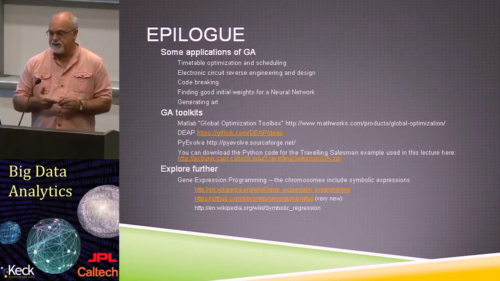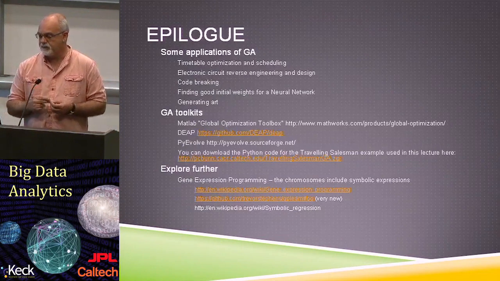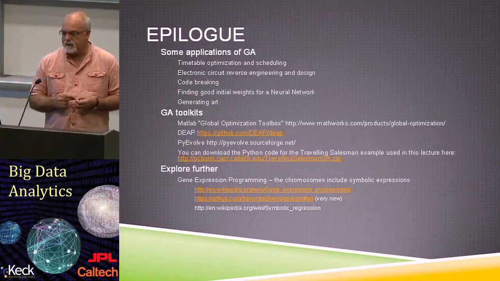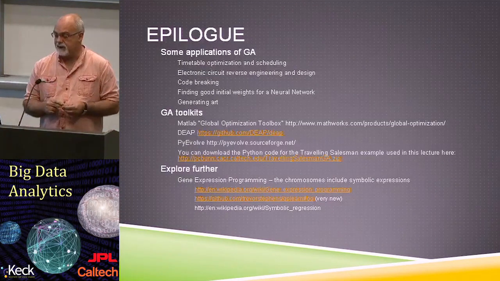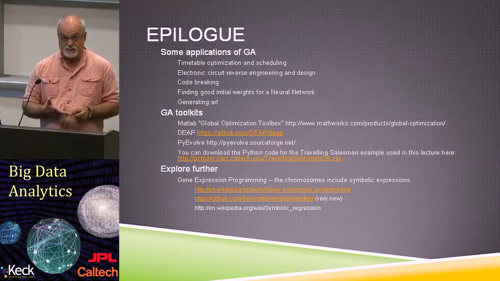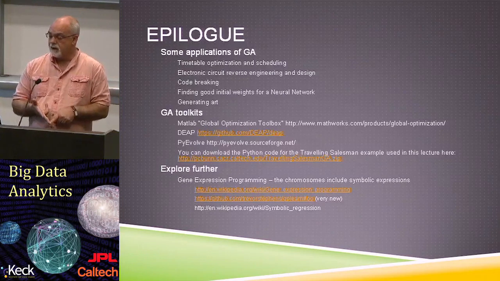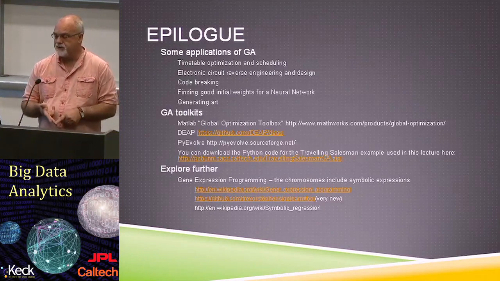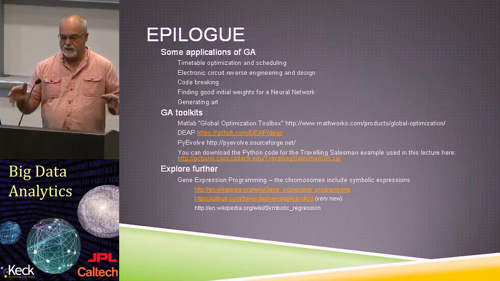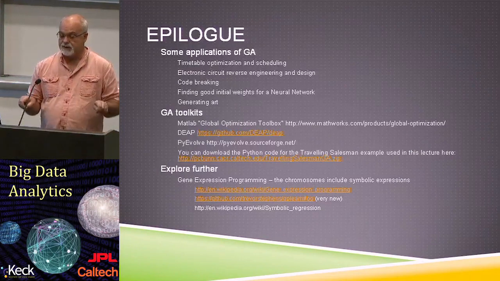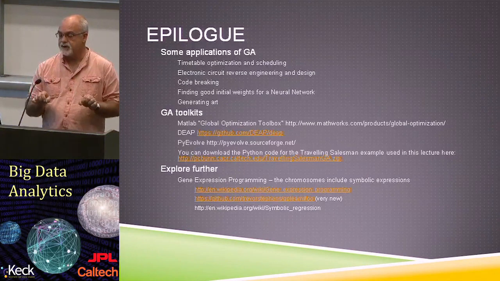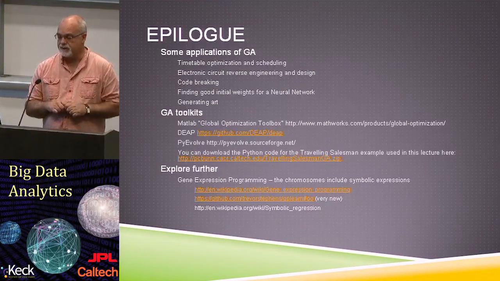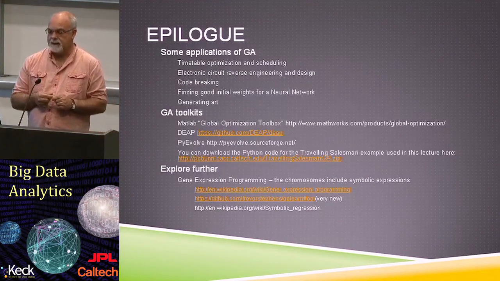So that finishes up genetic algorithms, this practical introduction. Some more famous applications of genetic algorithms are in timetable optimization, electronic circuit reverse engineering. So this is where you have some measurements on an unknown circuit and you want to understand how the electric components are connected in the circuit and what types of components there are.